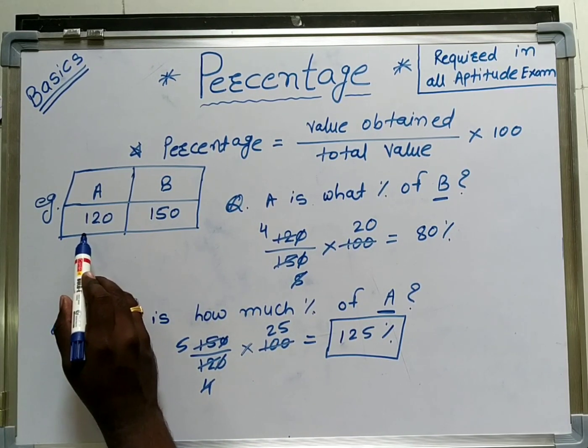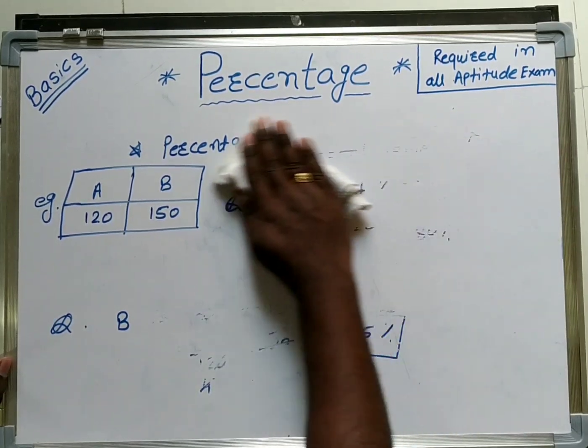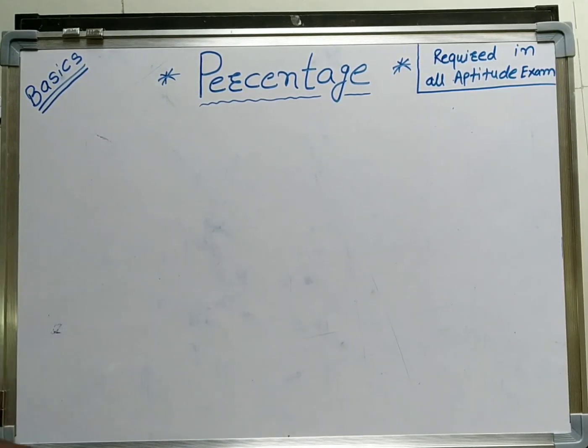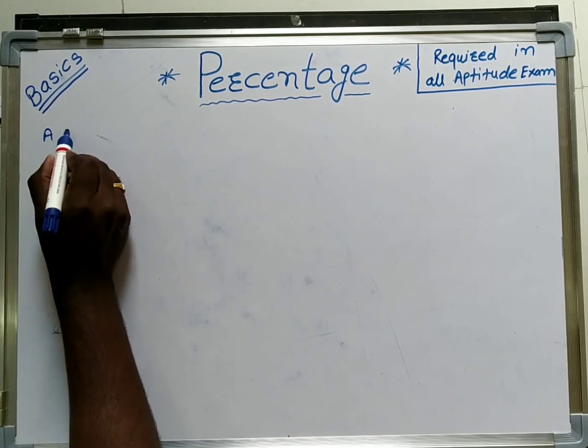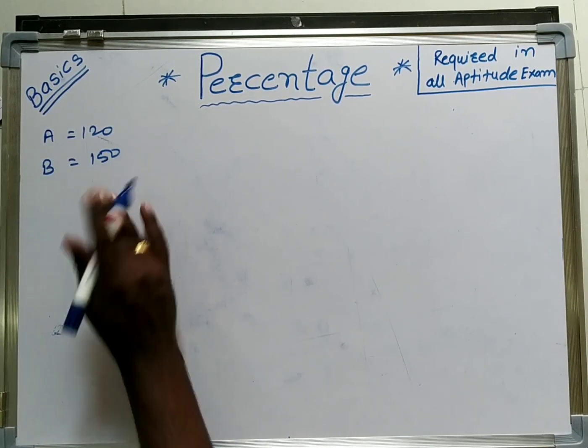If we see the next question, we have the comparison between A and B. We know that the value of A is 120 and the value of B is 150.